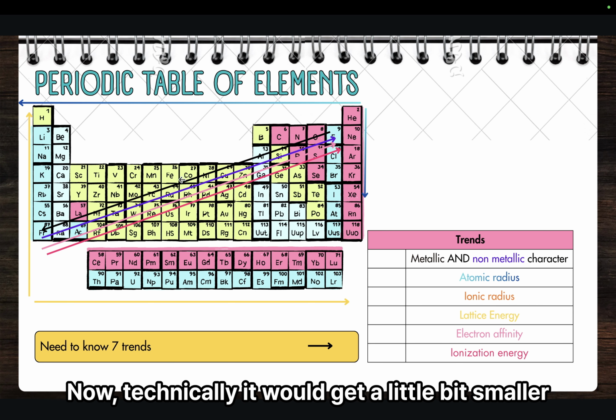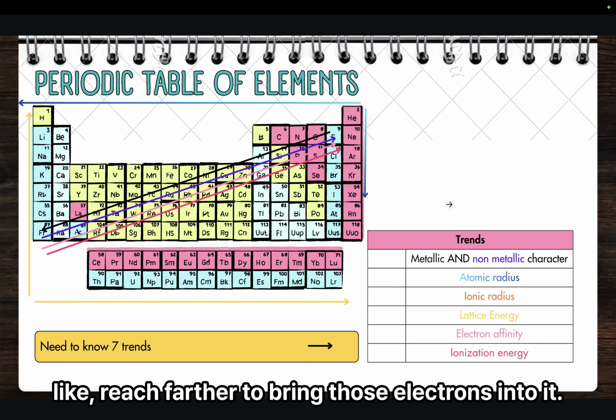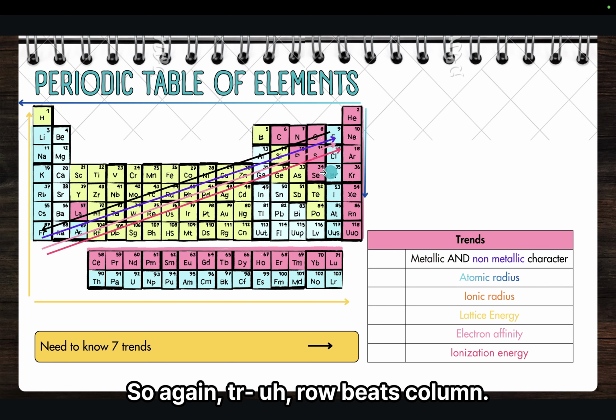Now technically it would get a little bit smaller than just overall iron, but it's still going to be much larger than Al3+, because it was already bigger. It already has an extra shell and kind of has to reach farther to bring those electrons into it. So again, row beats column.